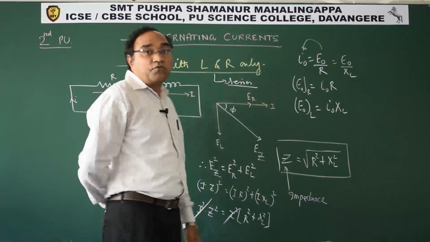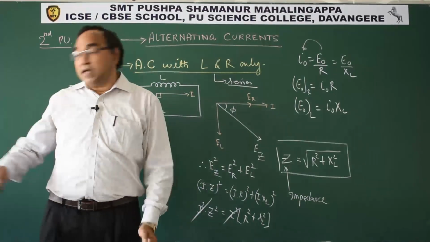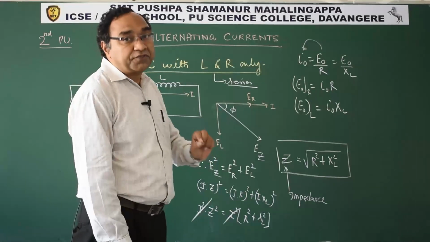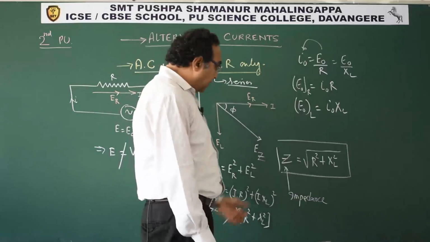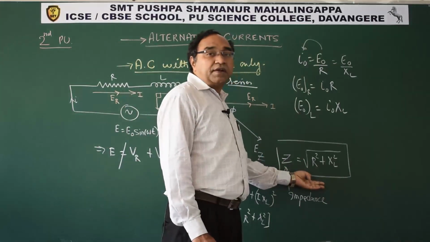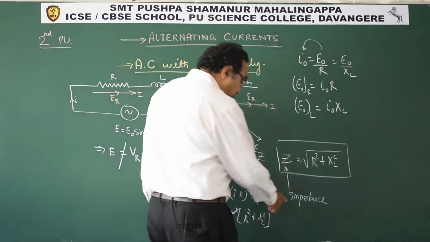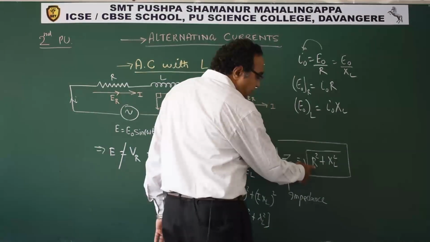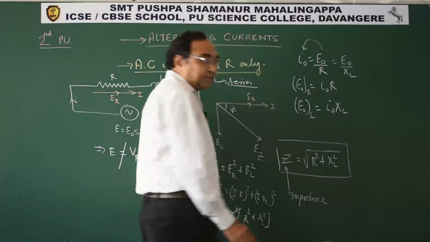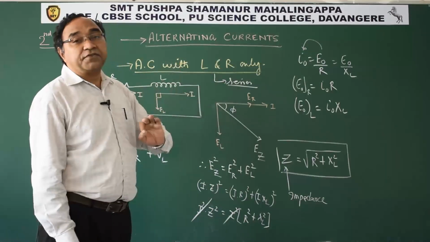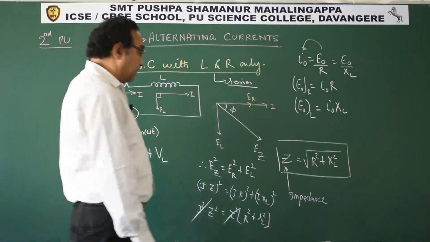So these are the clues by which you can make your approach to the numerical easier if you know these terms. And if you think that I will remember this equation, I will fit the data, such questions will not be there in any entrance exam. So impedance is given by root of R square plus XL square. This is the net resistance of an LR circuit.